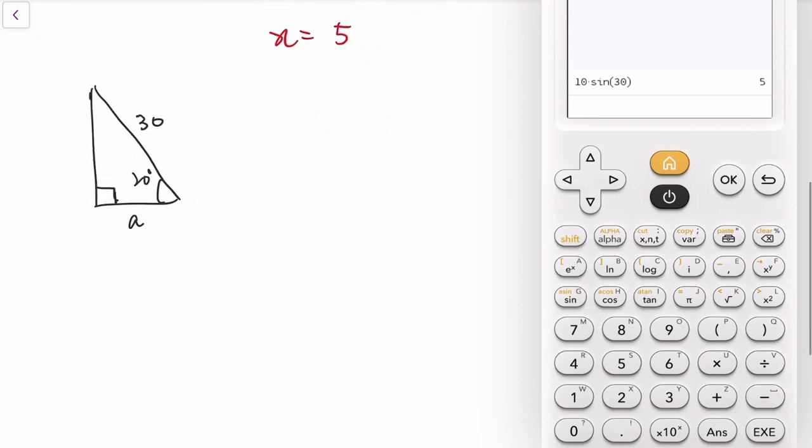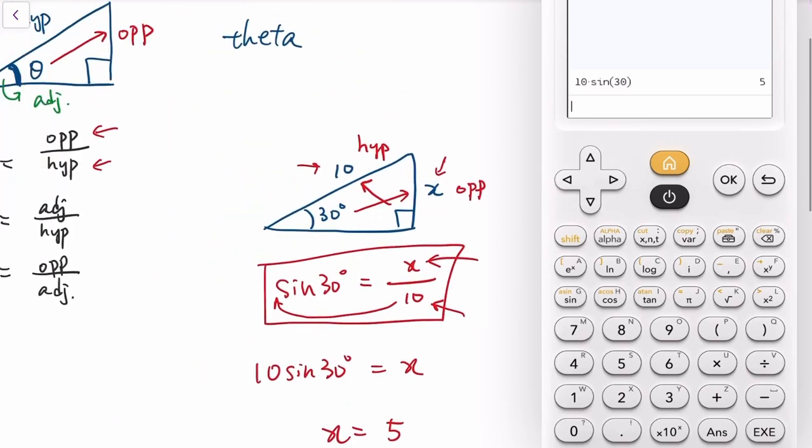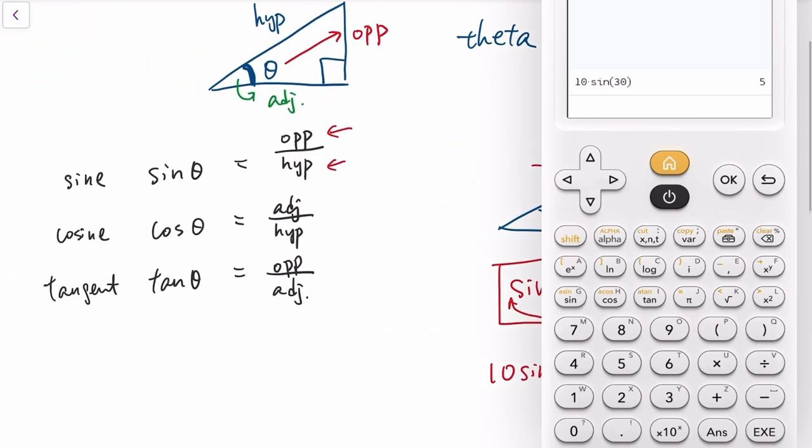So maybe this one. First we'll identify the sides. We have 30, which is opposite to the right angle, so that's the hypotenuse. And then with A, this side is next to the angle, but it's not the hypotenuse, so it's the adjacent side. All right, so if you have to copy this down, the one that has adjacent and hypotenuse would be cosine.